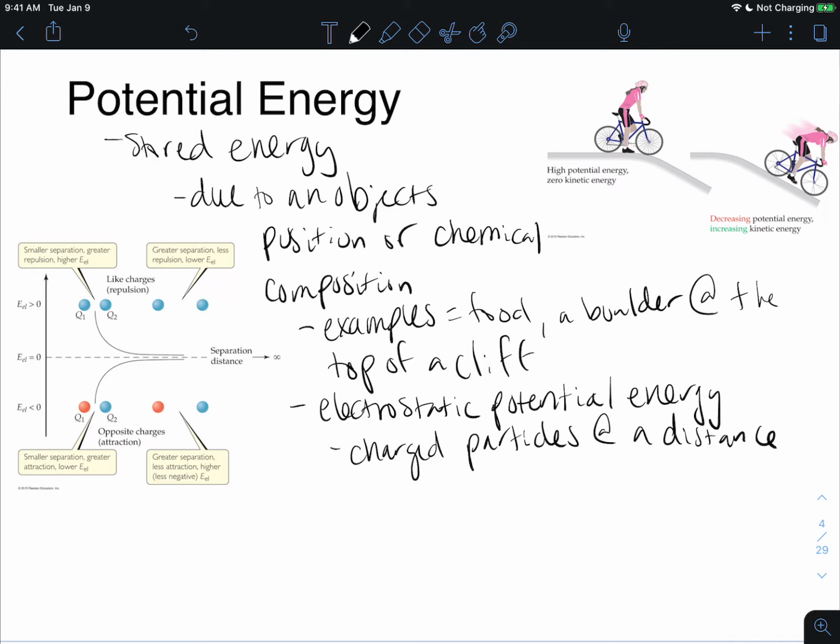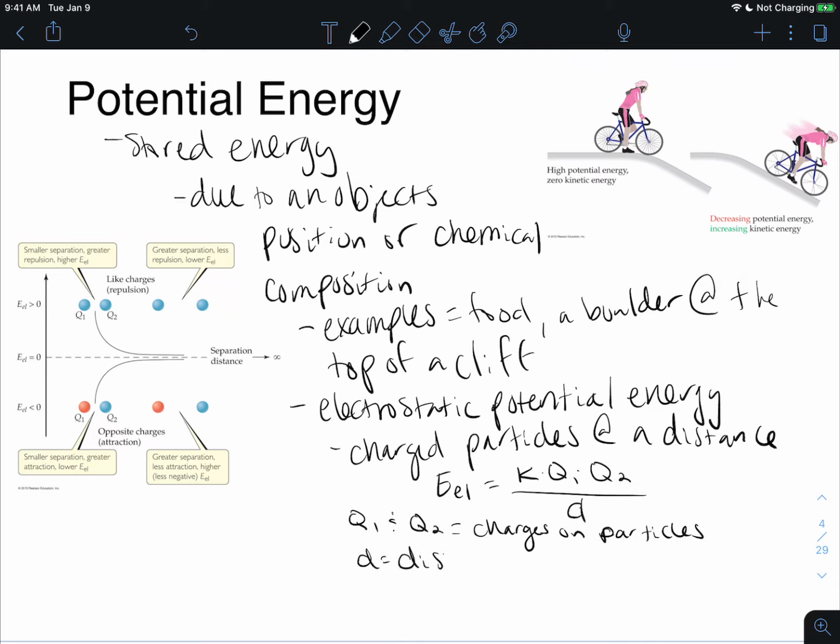And it's going to be given by the following equation. E electrostatic, E_el, is equal to k, and this is a weird, funky k, times Q1 times Q2, all over d, where Q1 and Q2 are the charges on the particles, and then d is distance.